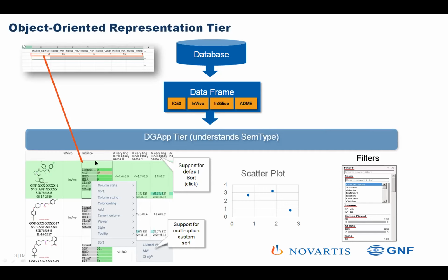Same way, if I click on the header of this type, it will request the compare function for the in silico type. And this Datagrok application tier will use that compare function to sort our custom objects.